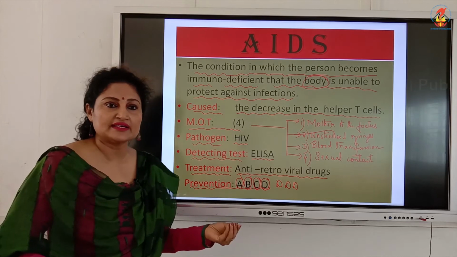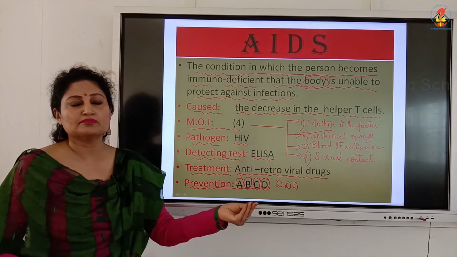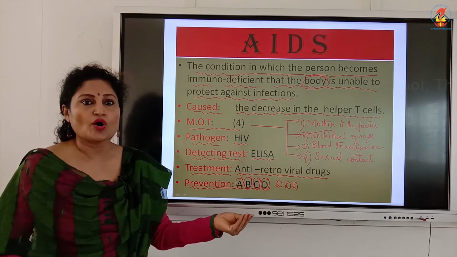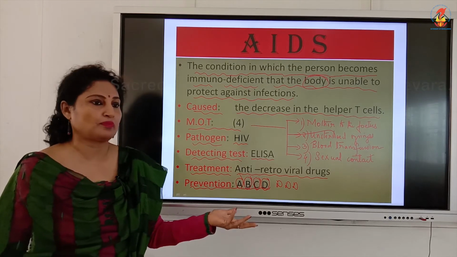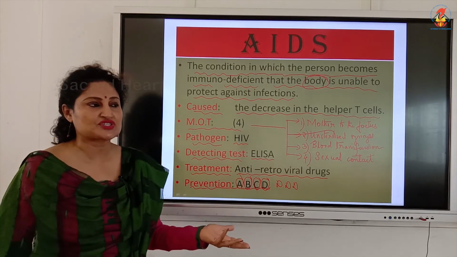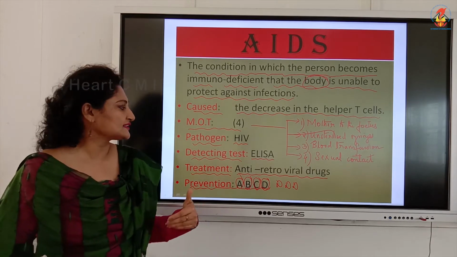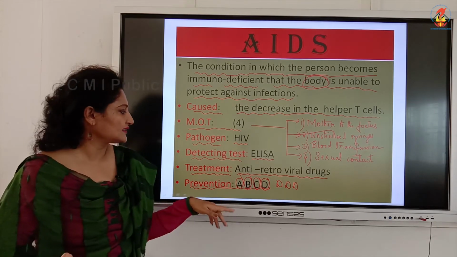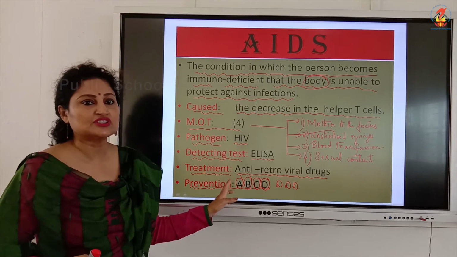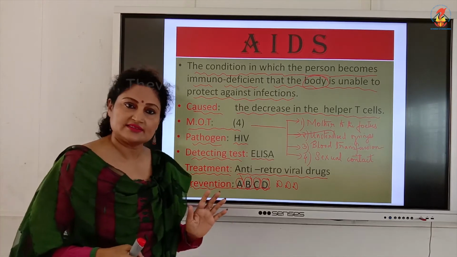Even a disease by the simplest bacterium, mycoplasma, or by a protozoan like toxoplasma. Even a simple flu, he is susceptible to the attack. But the treatment is by administering antiretroviral drugs.